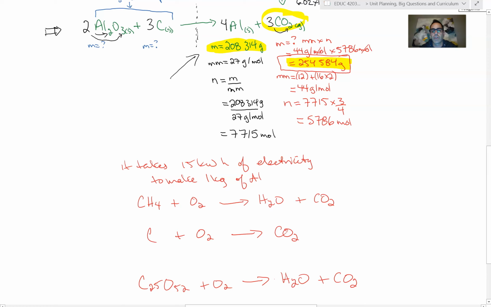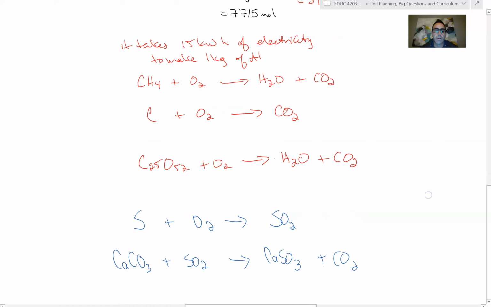And so if we could figure out how much electricity it would require to make all this aluminum, we could then plug those values in and try and determine how much, say, CH4, which is natural gas, or the C by itself is coal, or the C25O52, that would be oil. If we burnt these fuels, how much carbon dioxide would that produce in the process?